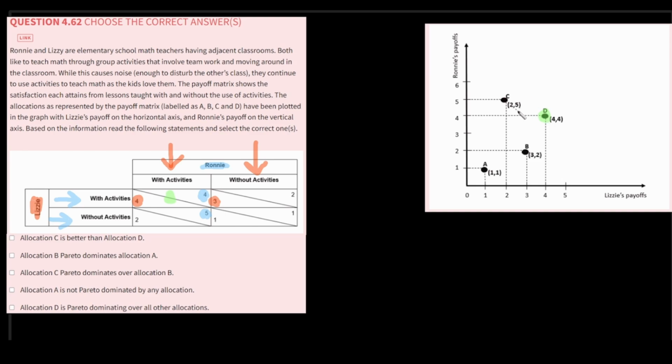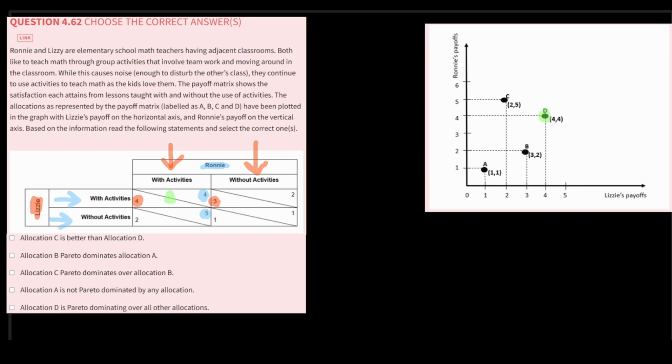With C, yeah, Ronnie's better off. Ronnie's getting +1, but Lizzie is worse off. Lizzie is getting -2. This isn't even a potential Pareto improvement. You couldn't compensate Lizzie for her loss and be no worse off. So, no, based on the Pareto criterion, C is not better than D. So, no, definitely not the first one there.